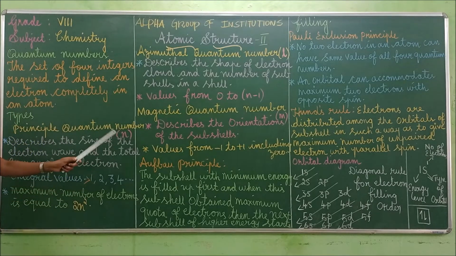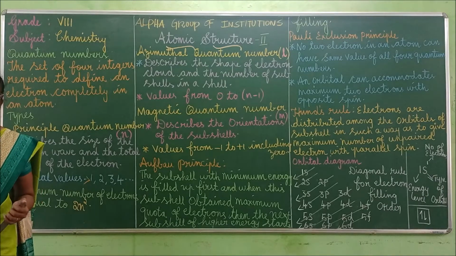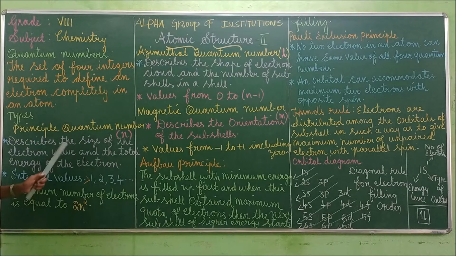Principal quantum number describes the size of the electron wave and the total energy of the electron. Not only the size of the electron wave, it also describes the total energy of the electron.